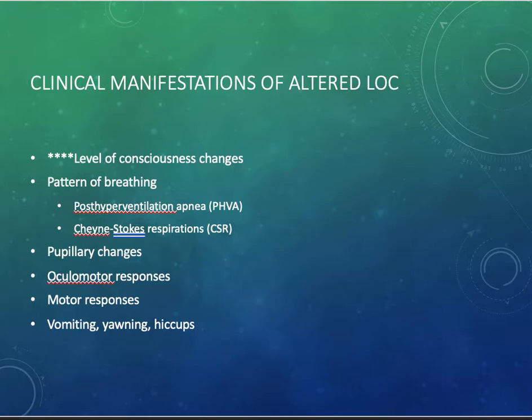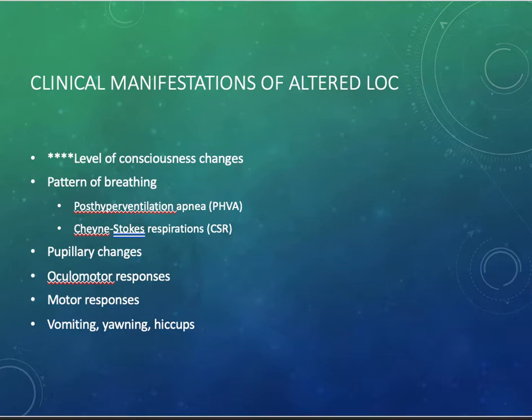And depending on where that structural problem is and how large it is, how severe it is, that's going to tell us how severe our LOC changes are going to be. Okay, so we very frequently use the Glasgow Coma Scale when we have someone with a TBI, a traumatic brain injury, or a stroke, so that we can judge how bad it is.